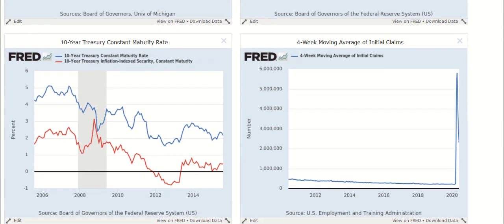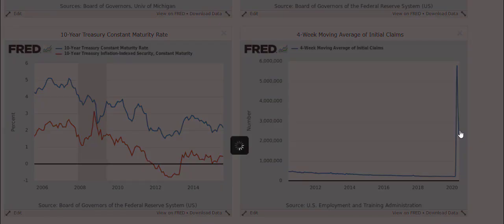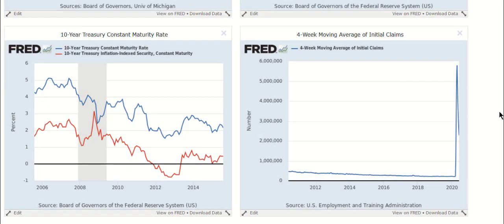And let's come back up here. Now here, look at this. Here is the 4-week moving average of initial claims. Look at that spike from people becoming unemployed, and look at it coming down dramatically. So we had a labor report that came out. Jobs were estimated to grow at 2.5 million, which was outrageously unexpected.